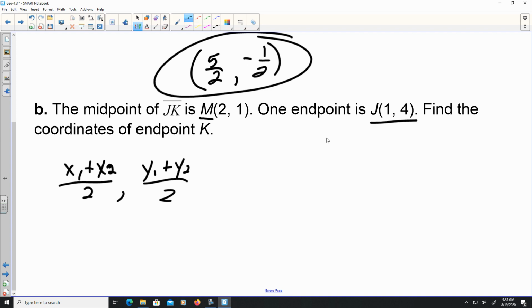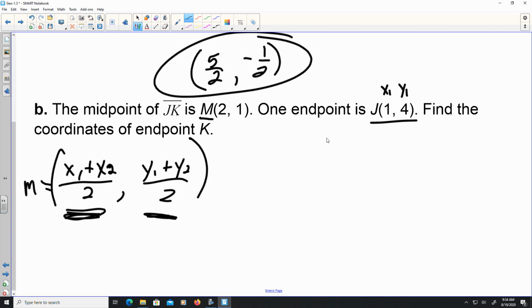So with J, I'm just going to say that's my x1 and that's my y1. So you're going to separate this into two separate equations: your x coordinate equation and your y coordinate equation, because that's what M, your midpoint, is equal to.